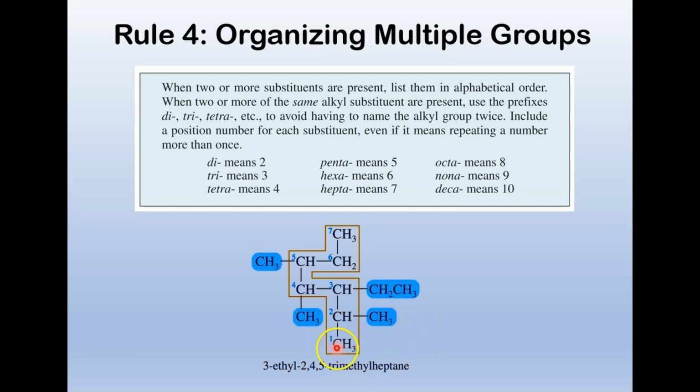So we're going to have to number this 1, 2, 3, 4, 5, 6, 7. And then I see 3 methyl groups, 1 ethyl group, E before M. So 3-ethyl, 2,4,5-trimethylheptane.